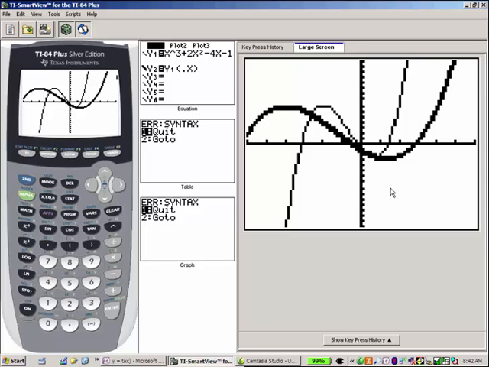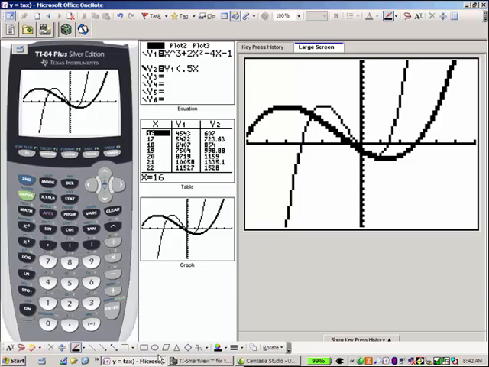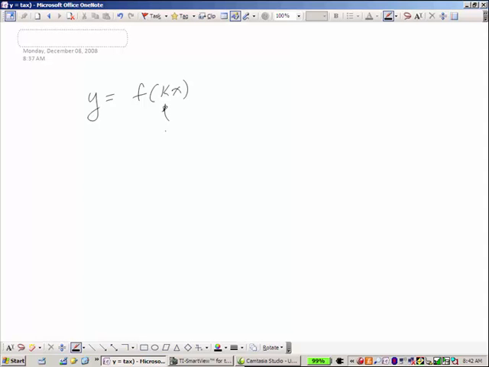What did it do there? Pulled it, stretched it, right? So I feel like we have a good intuition that this would be like a horizontal stretch or compression. Is that all right?